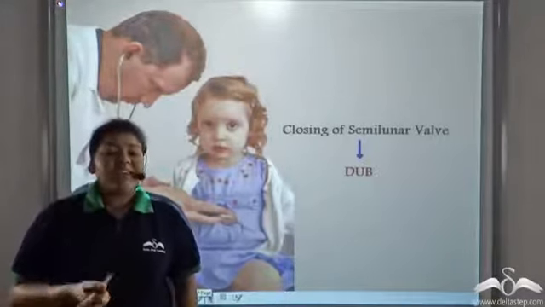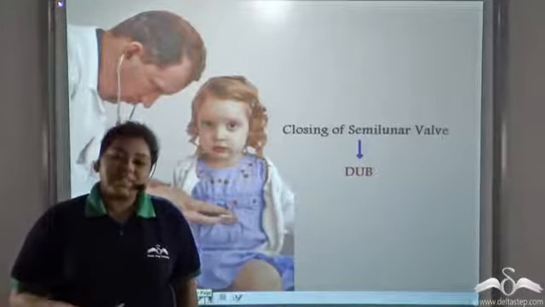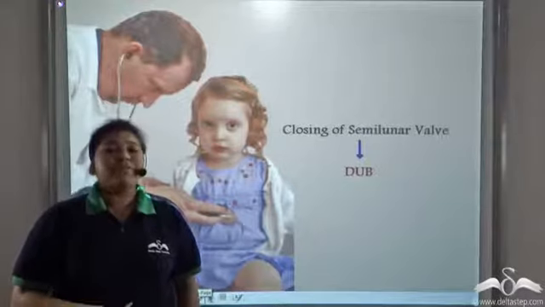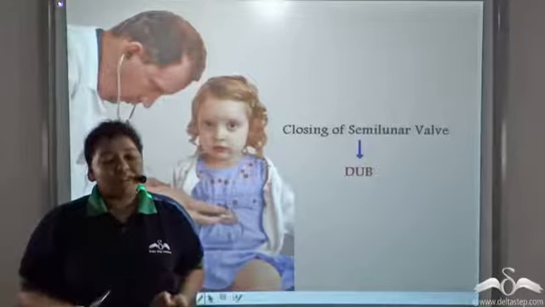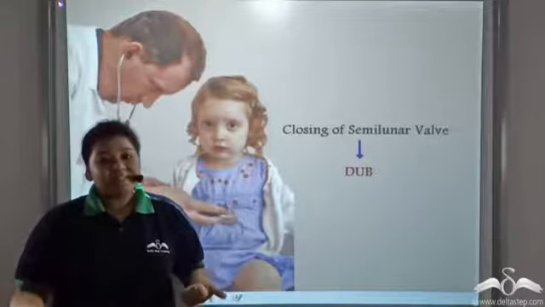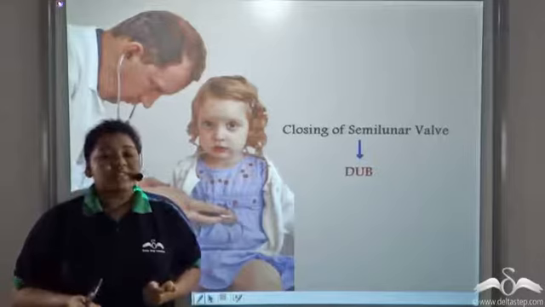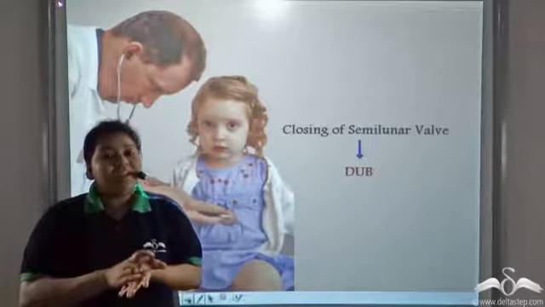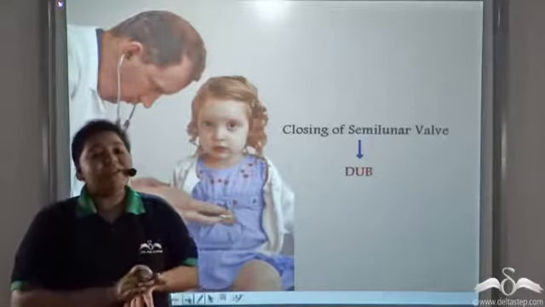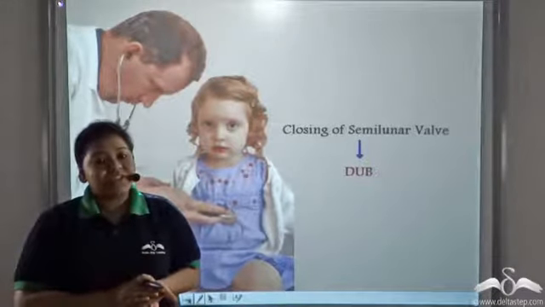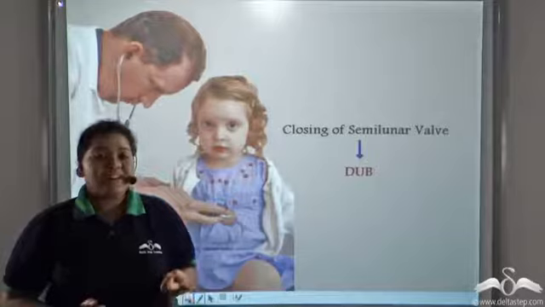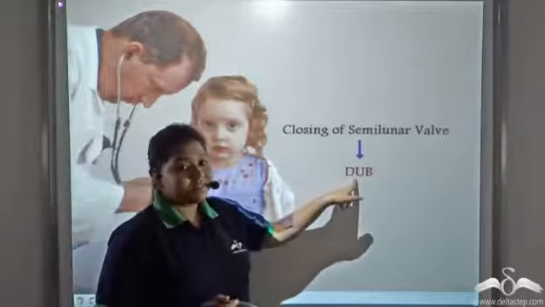Now, just at the end of ventricular systole, these semilunar valves shut close to prevent the backflow of blood from the vessels back to the ventricles. And this shutting down of the semilunar valves just at the end of ventricular systole causes the second heart sound, which is dub.